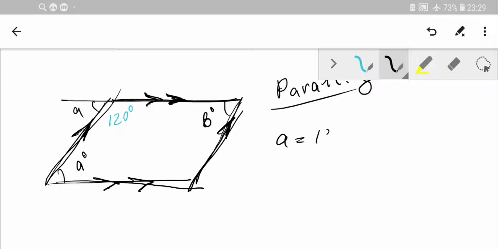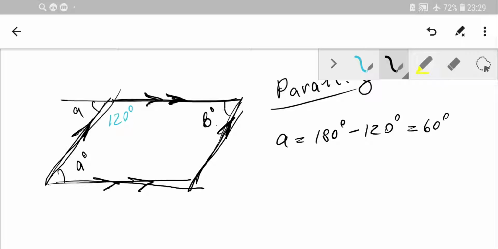So A is just simply 180 minus 120, right? Because they're supplementary angles. Yeah, they're supplementary because 180 degrees in total. If you subtract, you'll find the value for A immediately.